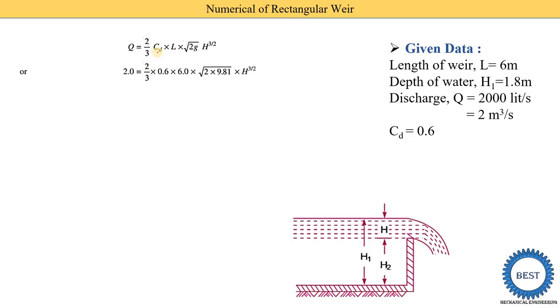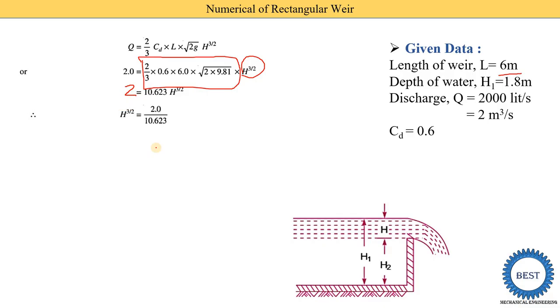Then on the right side we put the value of Cd, it is 0.6, L, it is 6 meter, under root of 2g, g is 9.81, and we need to find out this H. First we solve this part in a calculator and we get this answer. This part is 10.623 and we write down this H raised to 3 by 2 as it is, and on the left side the 2 is as it is.